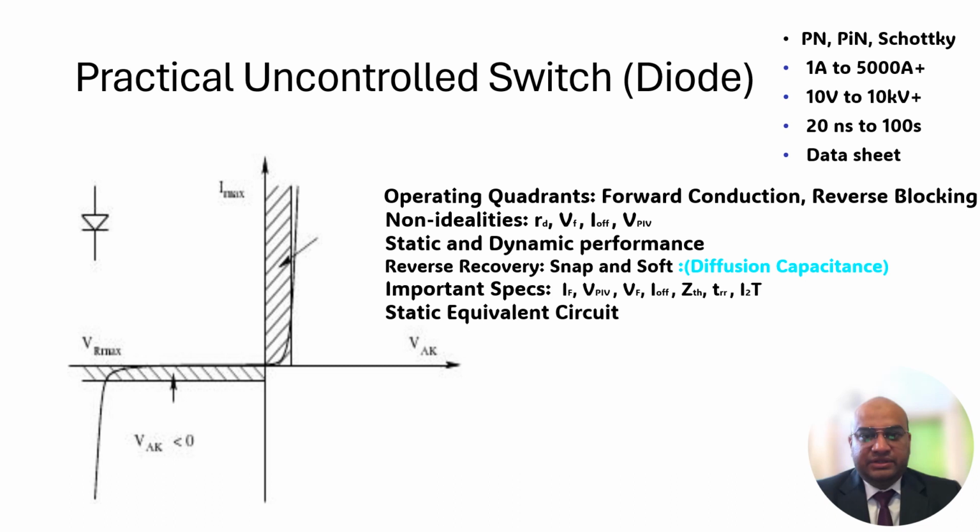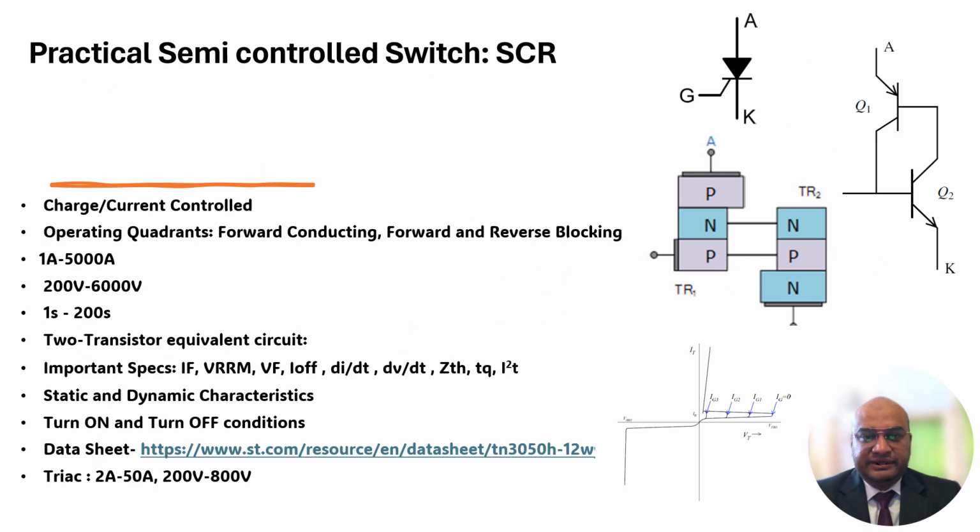Some other important specifications are forward current, off-state voltage, on-state voltage, reverse recovery time, and I square T. This has to be kept in mind, and we will see it in complete detail when we discuss the switches. This is basically the introduction.